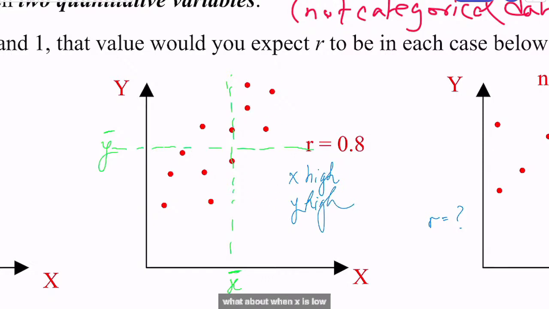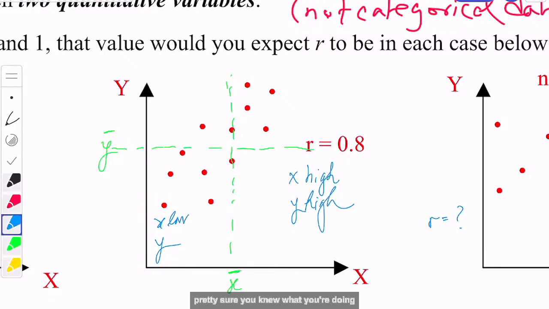What about when X is low? Where's Y mostly? When X is low, Y is where? Well, there's two observations above Y bar, and there's all these ones below. Yeah, you guys wrote it wrong.